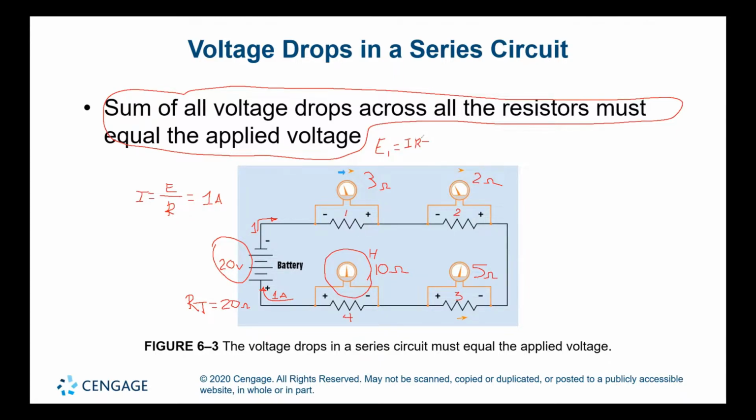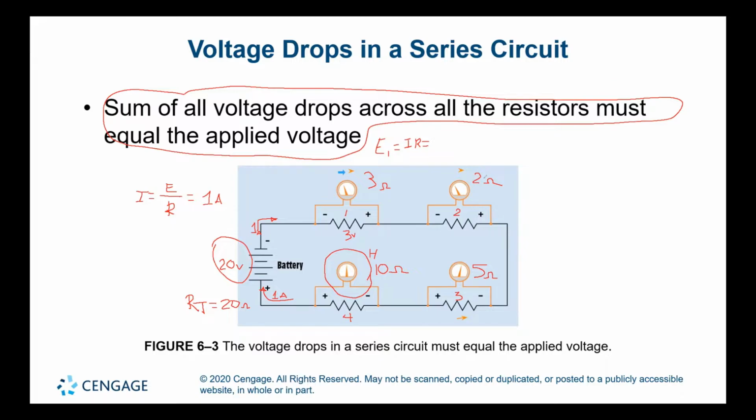So when I do I times R, on this resistor I'm going to have a voltage drop equal to I, which is 1 amp, times R, which is 3 ohms. Here we're going to have 3 volts.